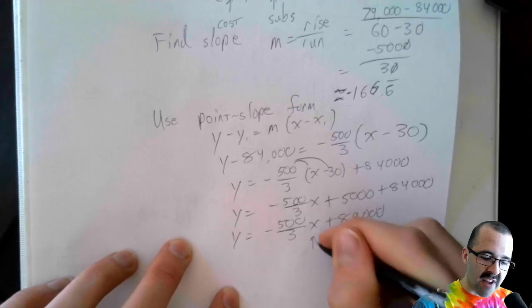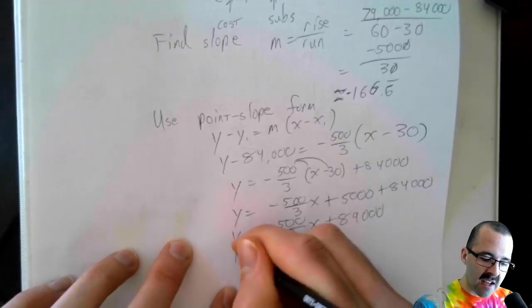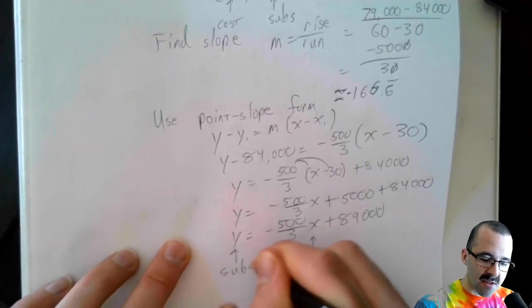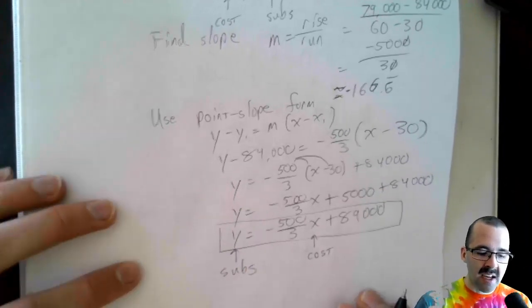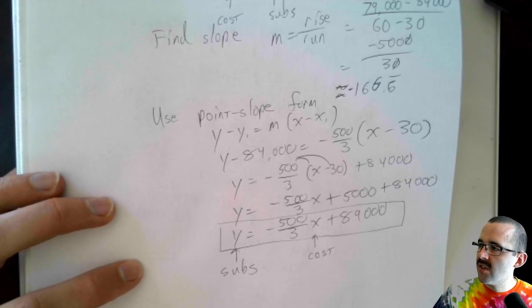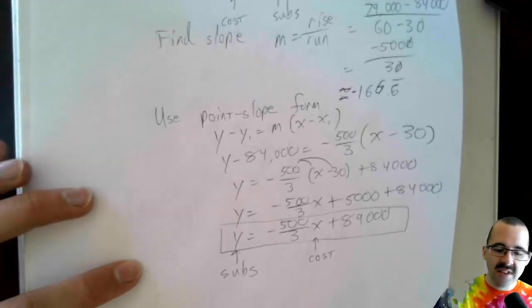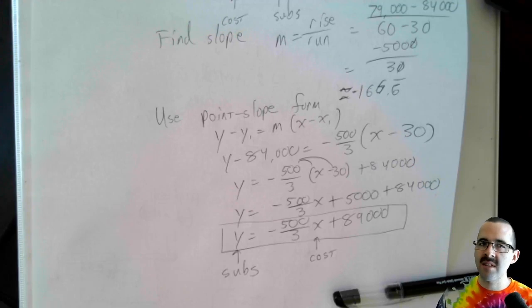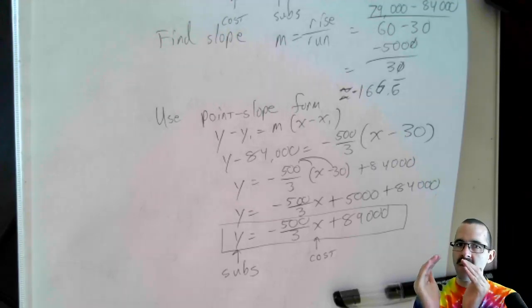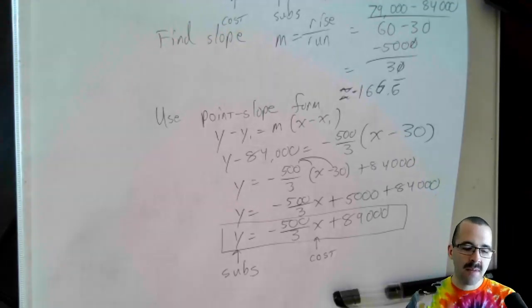So if x is the cost and y is the subscribers, this is an equation that relates the number of subscribers to cost. And again, this is a simplification. Whenever you do this sort of market research, it really only works for a small domain, right?